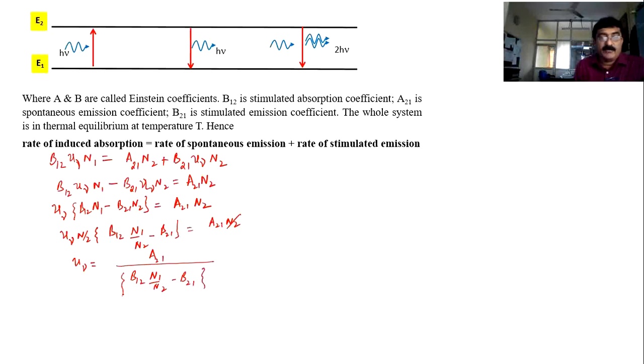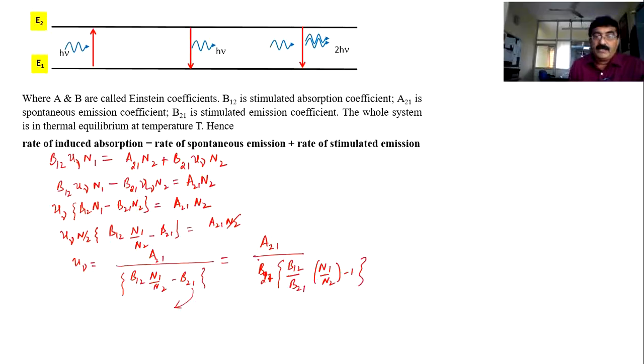This is the denominator, which I write as A21 divided by B12. I take B21 common factor, then this becomes B12 by B21 into N1 by N2 minus 1. That means this I have taken as common factor.